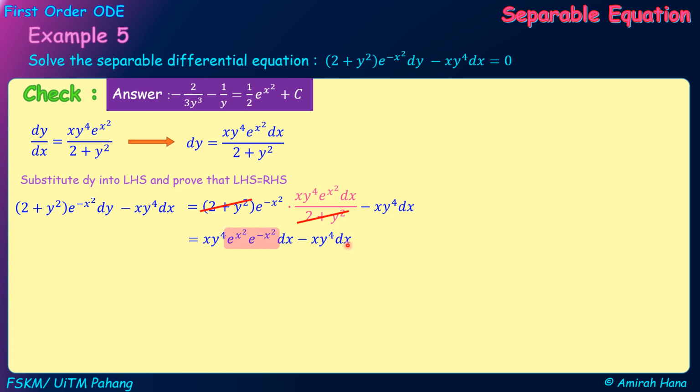From here we have e to the power of x squared times e to the power of negative x squared.